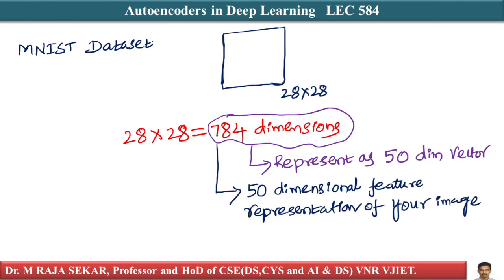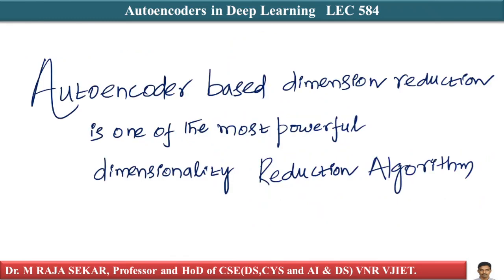Autoencoder based dimensionality reduction is one of the most powerful dimensionality reduction algorithms. It is also very fast because it has all of the optimizers like Adam, all of the deep learning machinery that we are simply reusing and leveraging here.